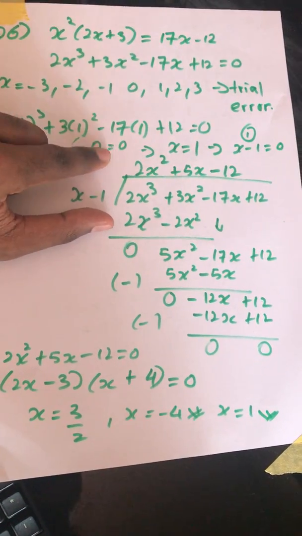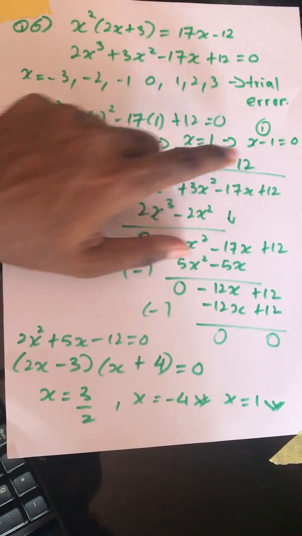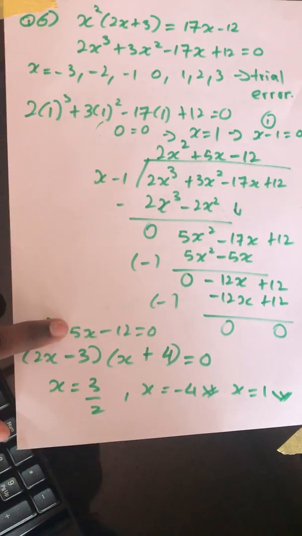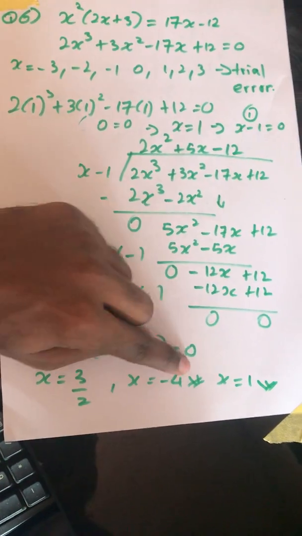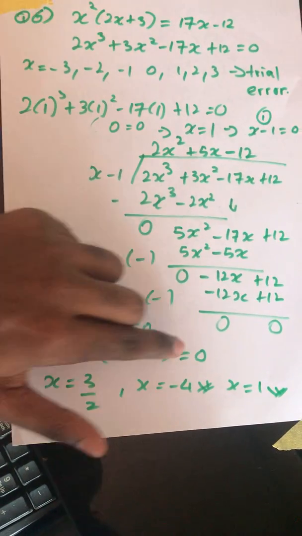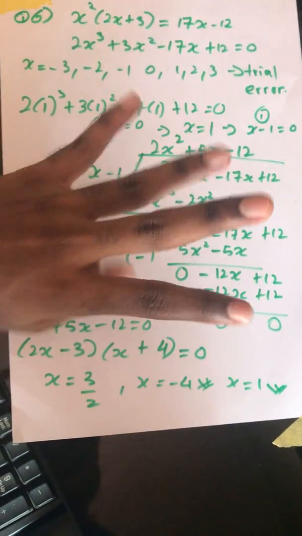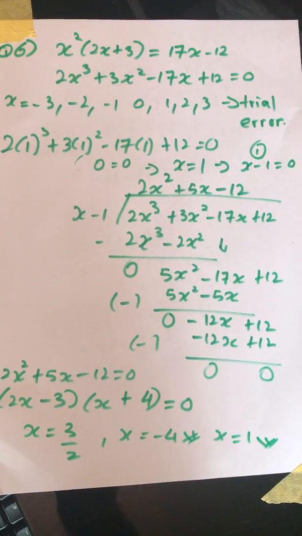So x equals 1 is one of the factors. I changed it to this form and performed long division. This quadratic equation I know will give me another 2 roots. Since it's a cubic, you must have 3 roots. If it's power 2, like here, you have 2 roots. If it's power 4, you can expect 4 roots. Please return to the Zoom session now if you have any questions. Okay, thank you.